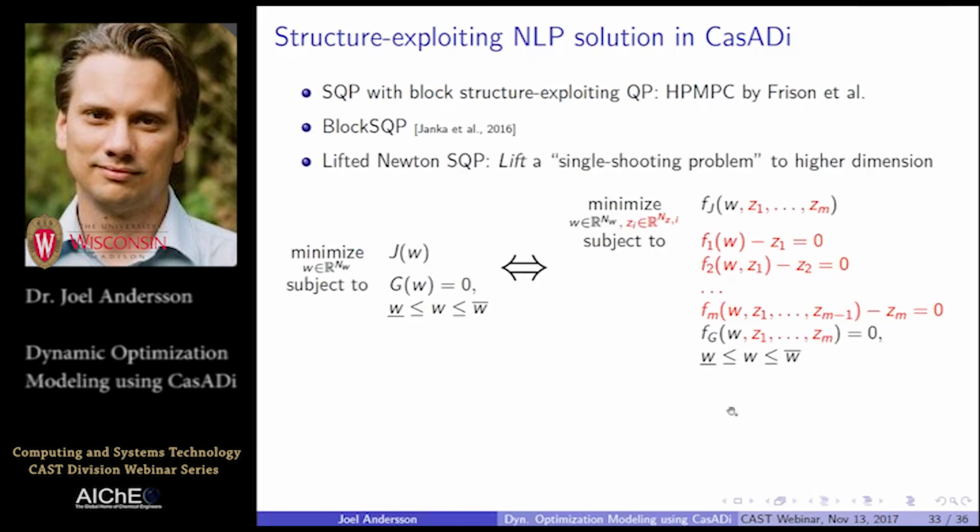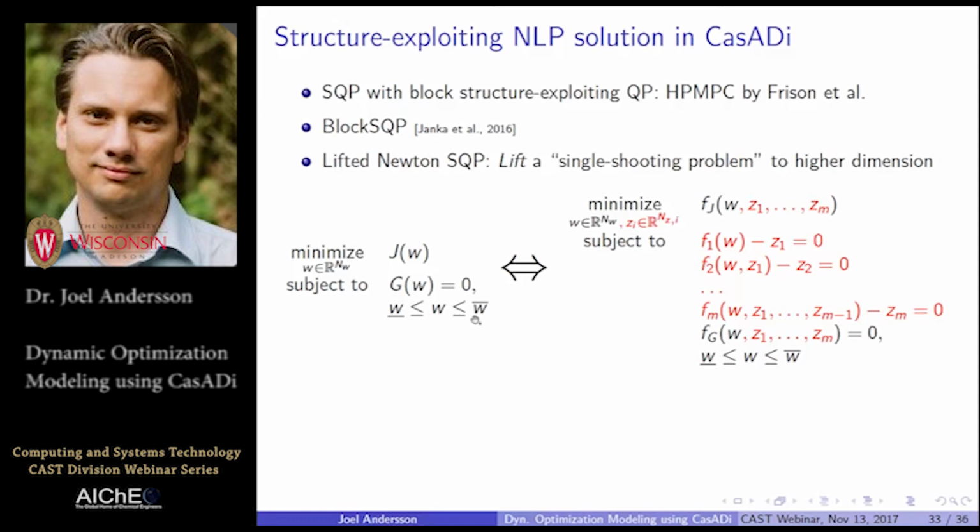And the final approach is this implementation of a lifted Newton SQP, and in this case the idea is for the user to write this single shooting NLP, and then add these lifting instructions that allow you to lift this problem into a higher dimension.